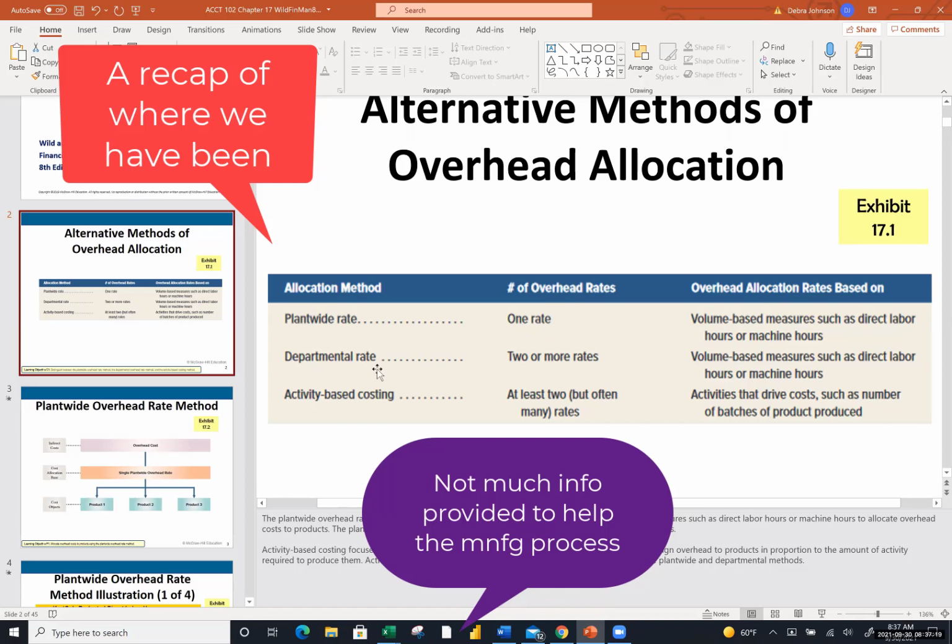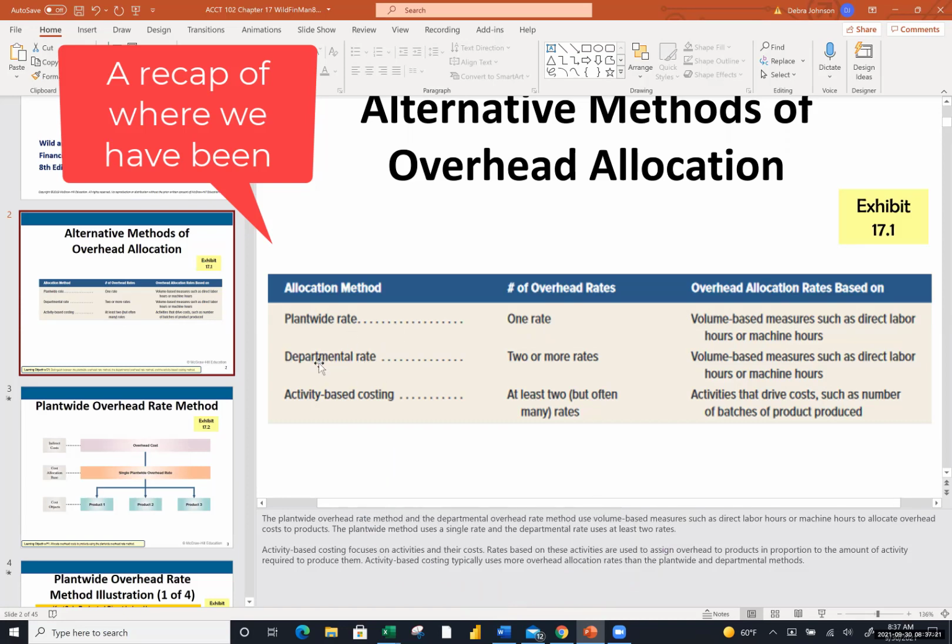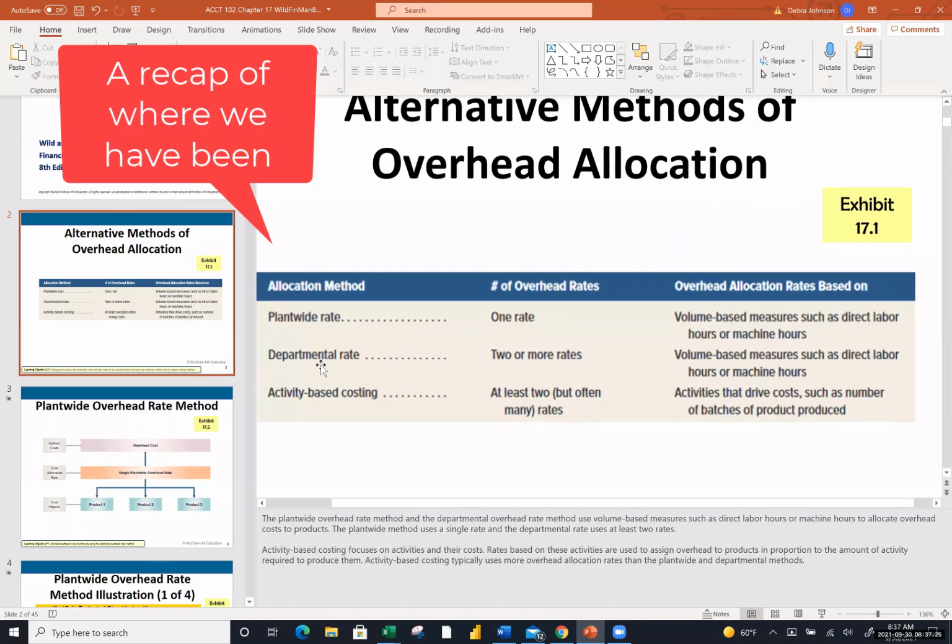We learned that the departmental rate was a little bit more accurate because it allowed us to set up several rates throughout the company, depending on what that department was surrounded with. If it was machines, they could use machine hours. If it was human labor, they could use direct labor hours. If it was robots, they could use robotic hours.